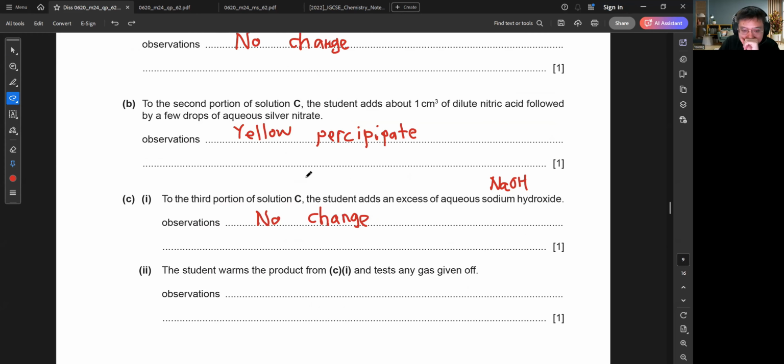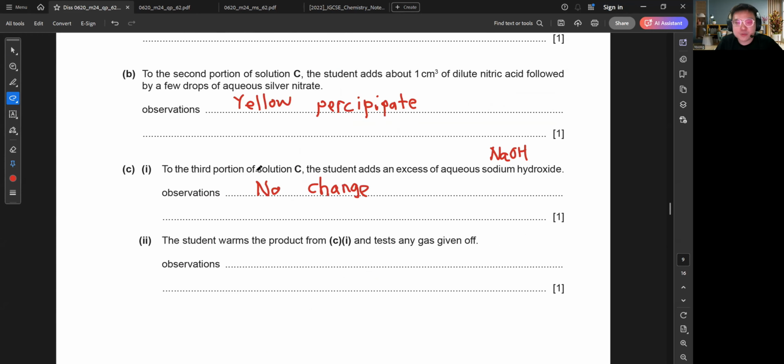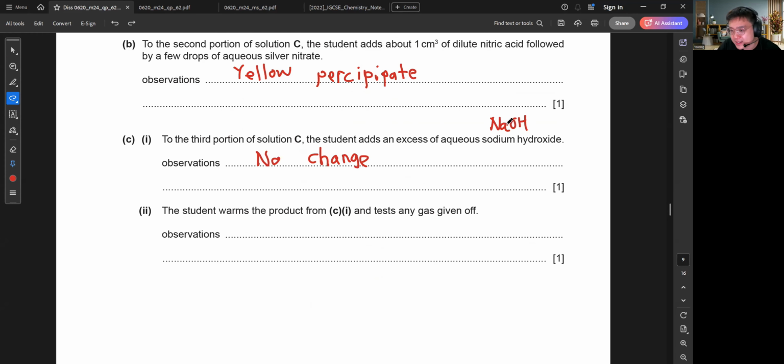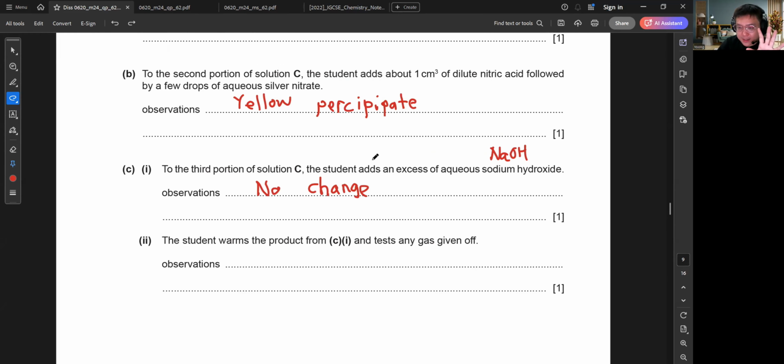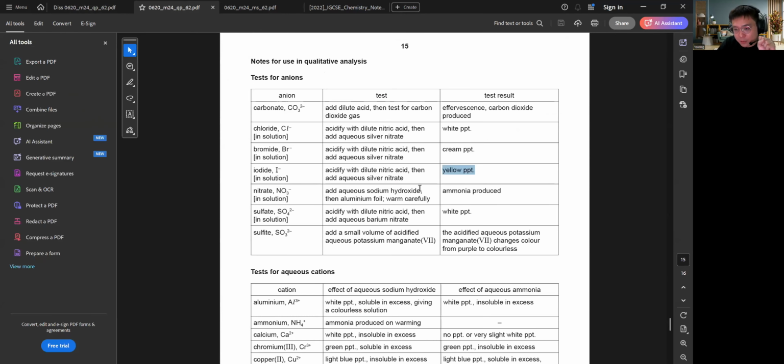Then question C. Let's read the question first. To the third portion of solution C, the student adds an excess of sodium hydroxide, NaOH. So observations, no change. Why? Like I was just saying, sodium hydroxide is in a lot of places, so let's look through all of it.